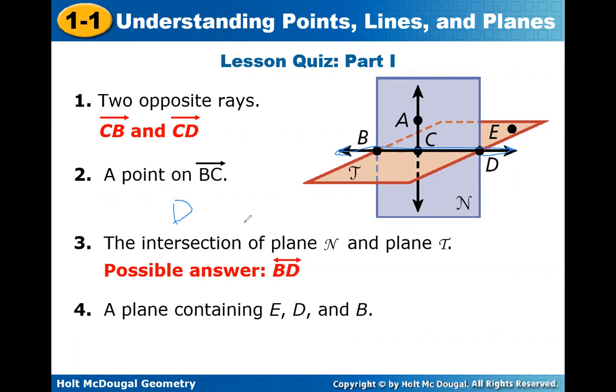I could also say that C and B are points that lie on BC, right? But other than that, yeah. And this one is actually referring to the ray BC. Otherwise, a plane containing E, D, and B, well, E's right here, D's right here, and B's right here, that would be plane T.